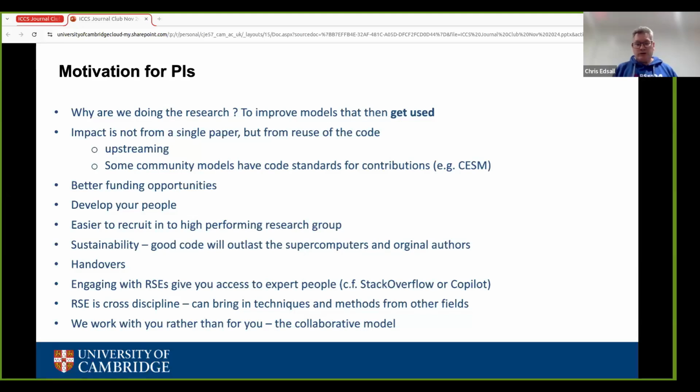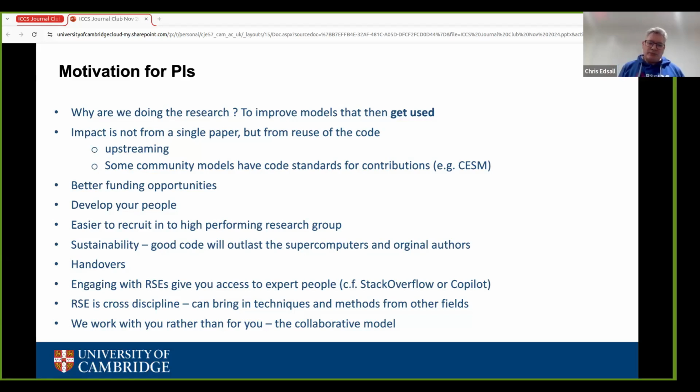If you talk to research software engineers, you've got access to people who are expert in software engineering. So we know a lot of techniques, and we can advise on which of those are appropriate to your projects. The other thing about research software engineering, one other thing, is that it's quite cross-discipline.